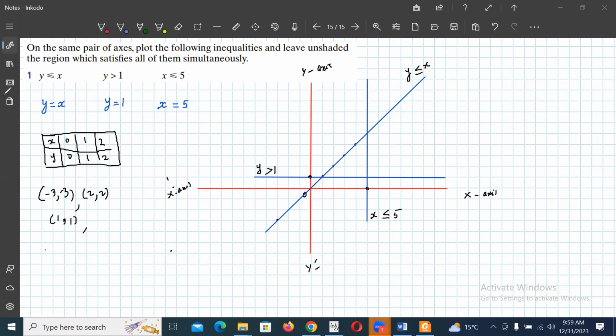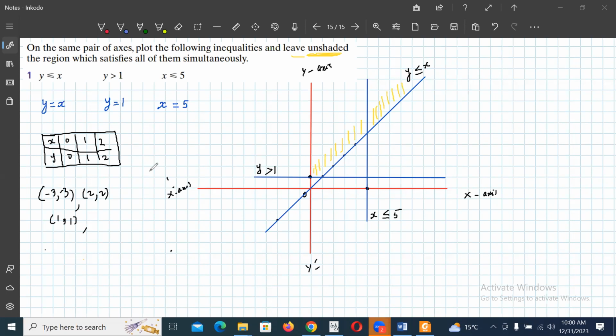Now I will show the shaded part, so understand it carefully. If you check the first one, y less than or equal to x, that means the shaded part is down. But they want us to leave it unshaded. So if they say unshaded, I will shade the opposite of the shaded. Suppose the shaded part is down, so I will shade up. This is my unshaded part. So you can shade this way.